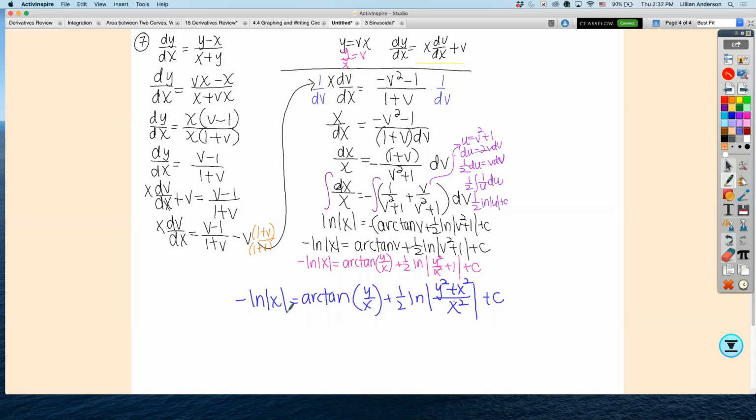Well, because I can't separate the y's from the arctan, the only thing I'll be able to do at this point is solve for C. So subtract over the arctangent.